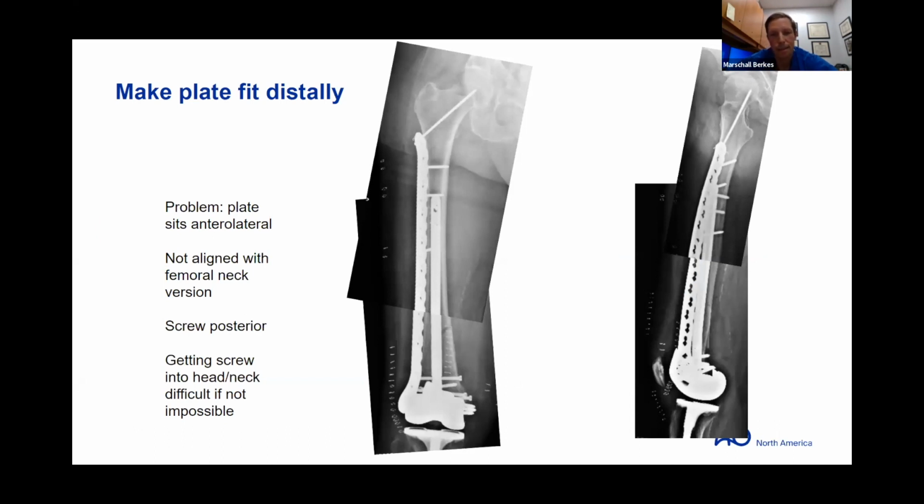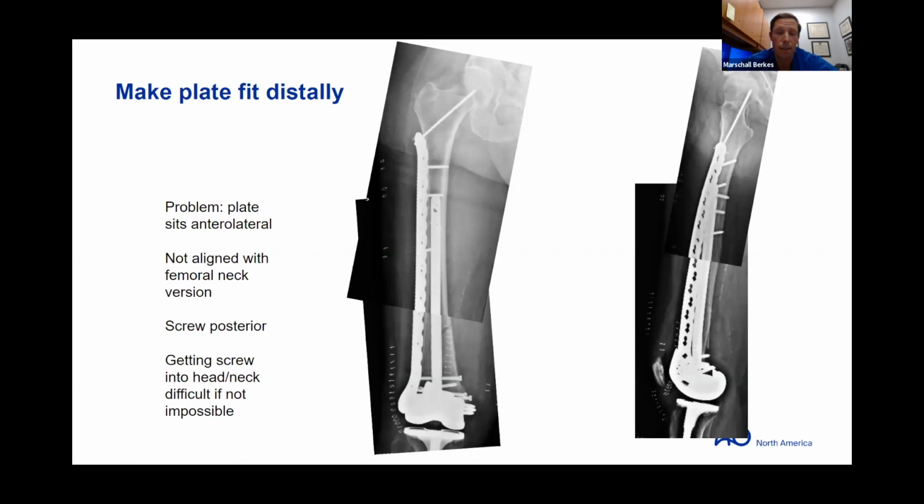Although, as you may have encountered, these plates may not fit anybody very well, especially in the arthroplasty population. But if you do get it plate to bone, that plate is, again, meant to sit a little bit anterolateral, and so that's where it's going to sit up in the proximal femur.